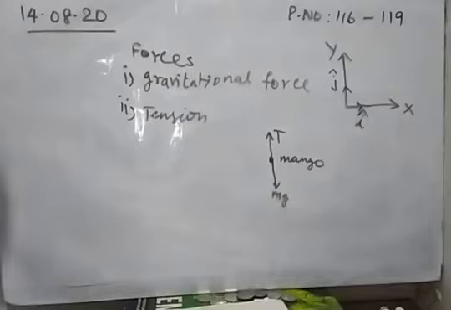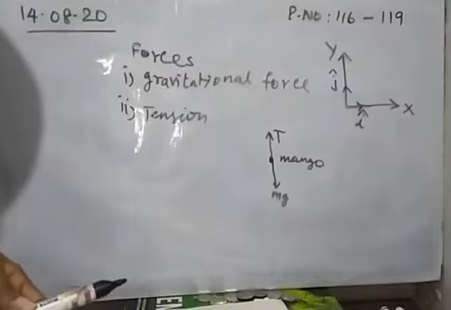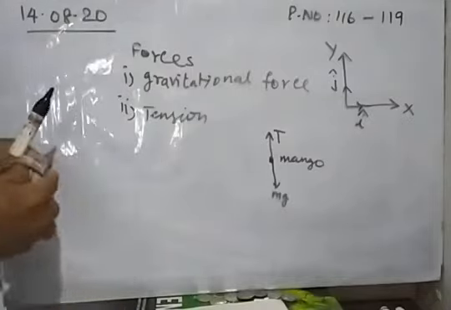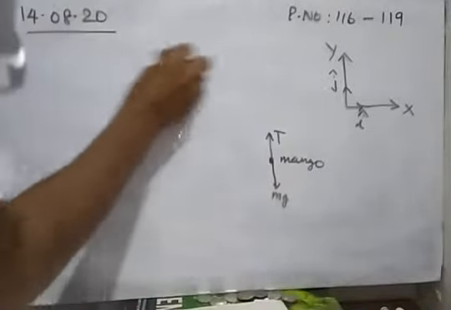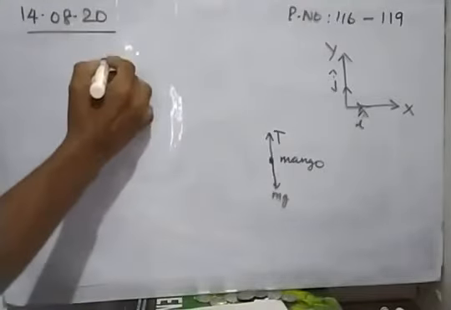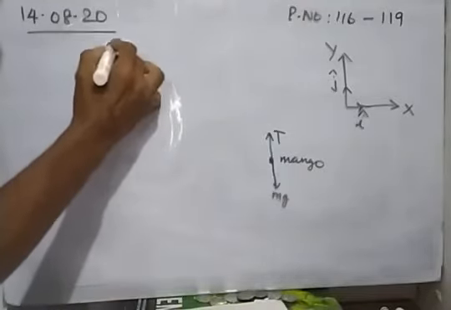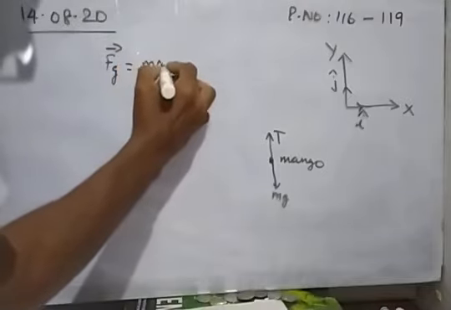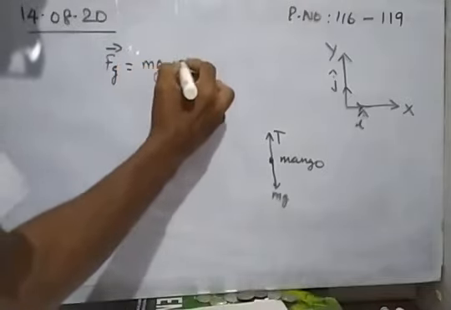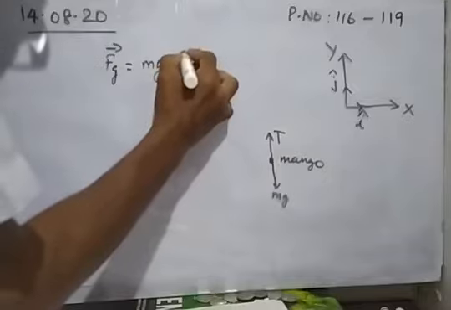Then if we apply Newton's second law to this system, we are able to write F is equal to Fg, the gravitational force. Fg is equal to mg into minus j cap.